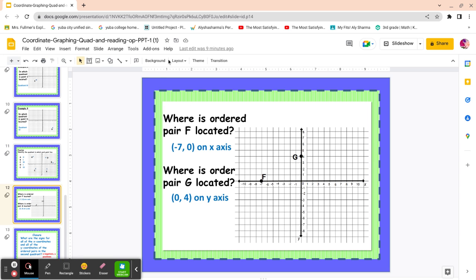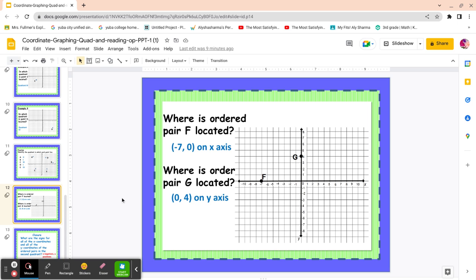Okay, so where is ordered pair F located? -7, 0 on the x-axis. Yes, this is the x-axis here. And it's -7, 0. They want it on the x. This is y, this is the x. X comes before y on the grid or wherever they write it. So technically it's going to be here at -7, 0.